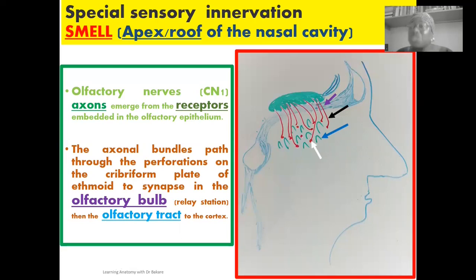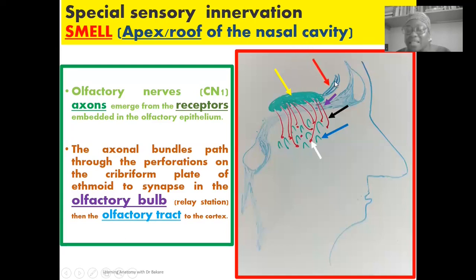And the first structure that it will be terminating on is the olfactory bulb, and this is what is arrowed here in yellow. This is the olfactory bulb here, highlighted in green. This is like a relay station. So this is where the axons of the olfactory nerve coming from the apex of the nasal cavity, after passing through the cribriform foramina, will be relayed onto. And from here, we then have the olfactory tract that is arrowed here in red.